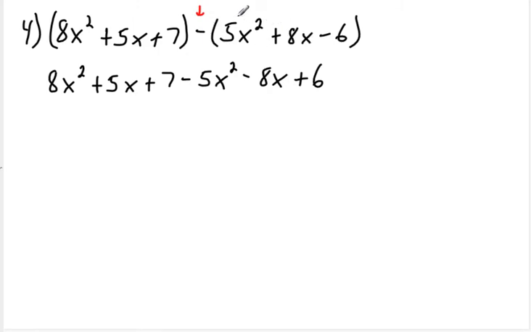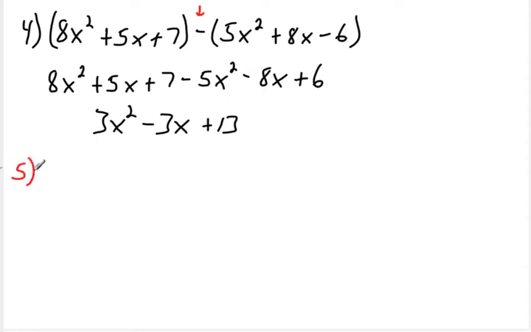So it changes this to subtraction, changes this to subtraction, changes this to addition, and it's gone. So now we just combine like terms. 8x squared minus 5x squared, 5x minus 8x, and 7 plus 6 is 13. Okay. Number 5.